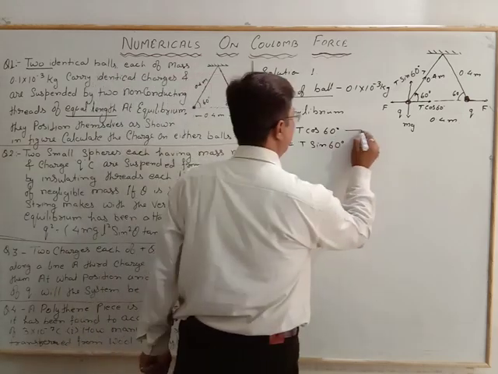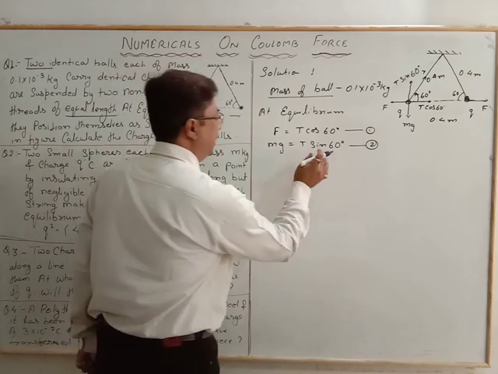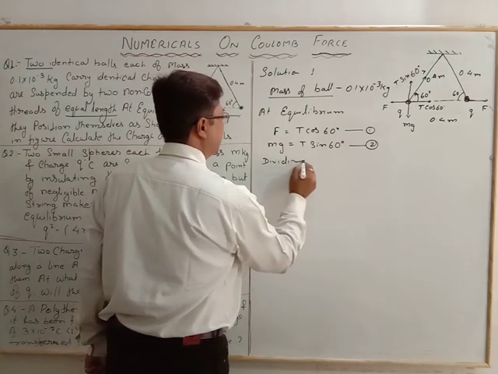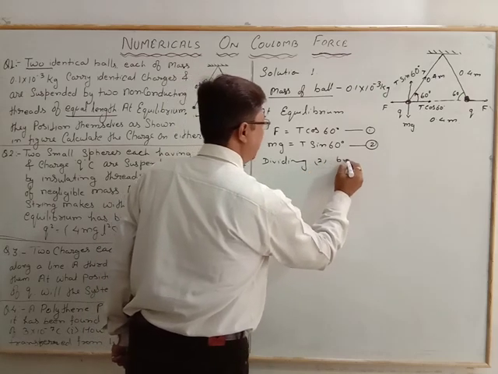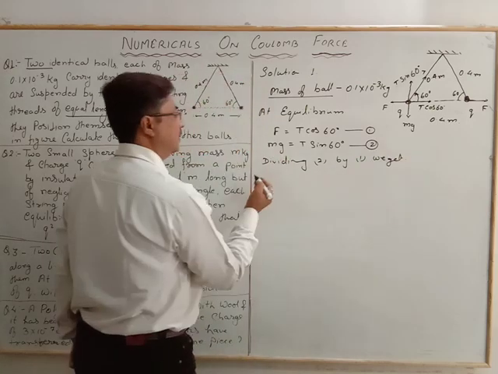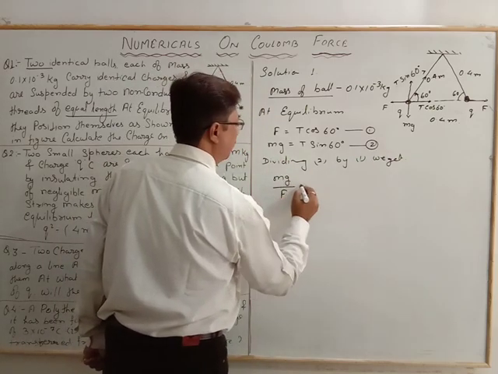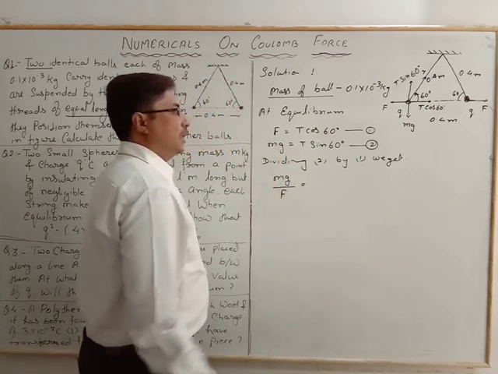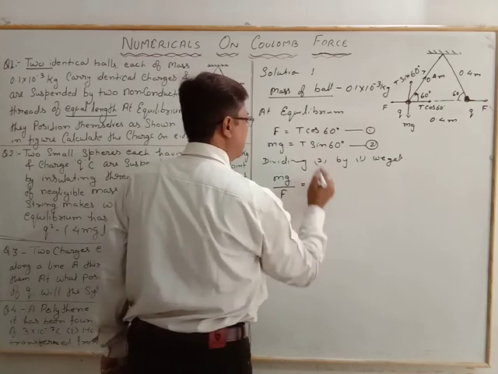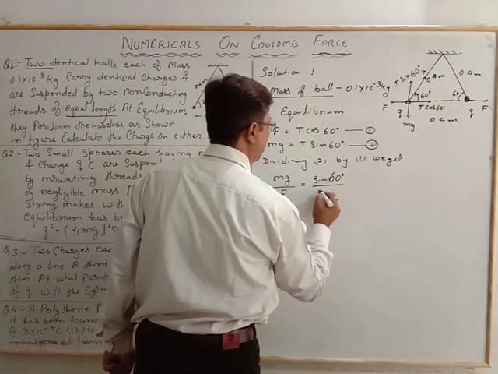Suppose this is relation 1 and this is relation 2. Dividing 2 by 1, we get mg by the electrostatic force F equals sin 60 by cos 60.